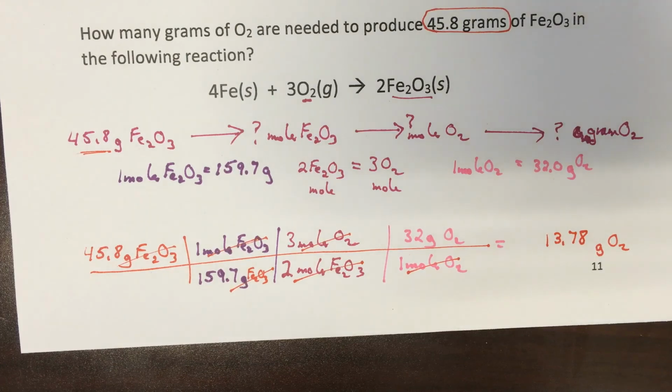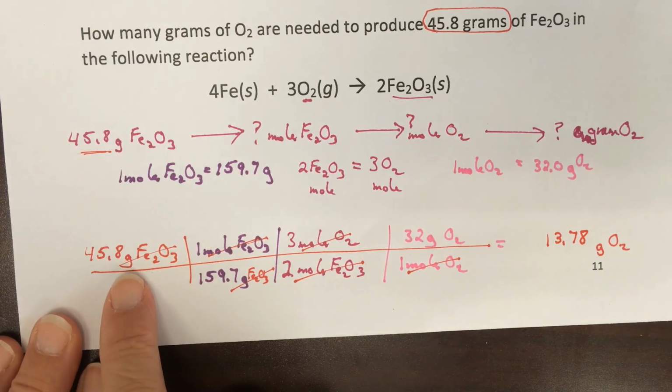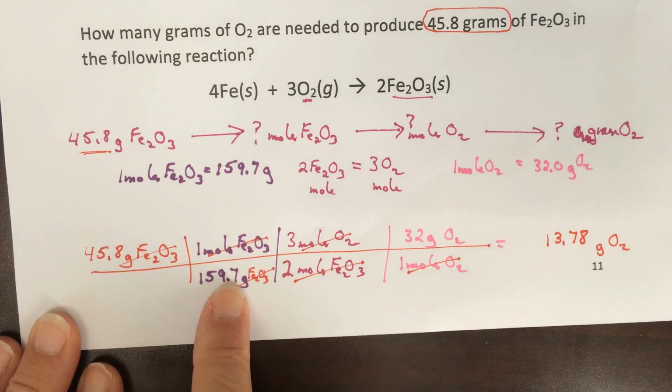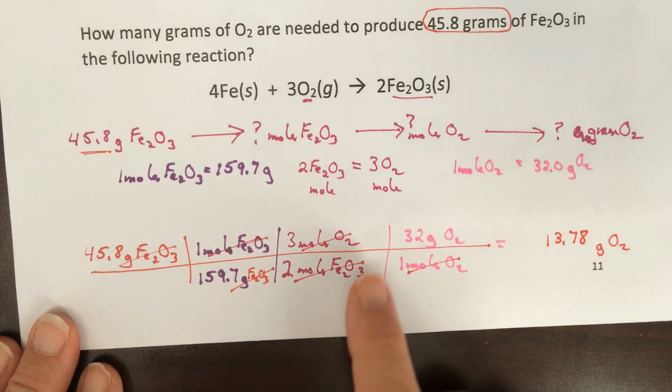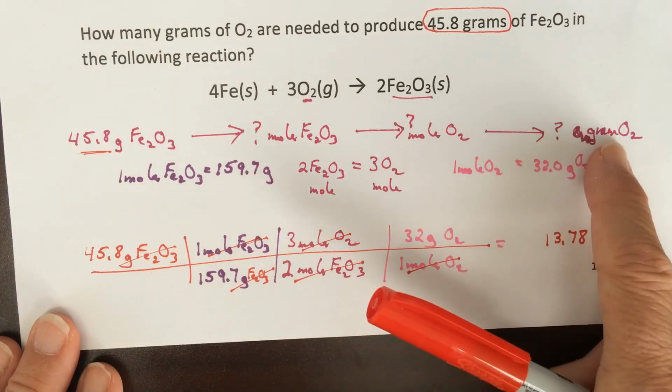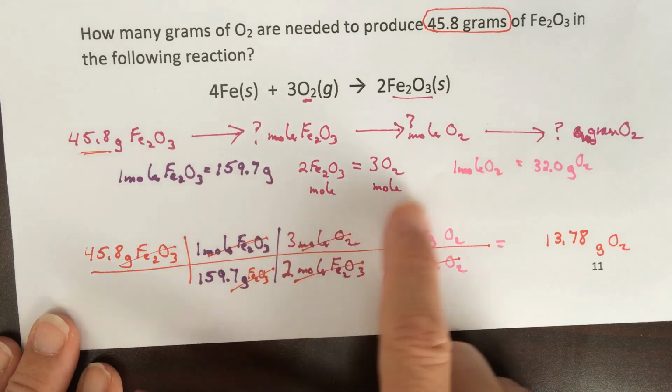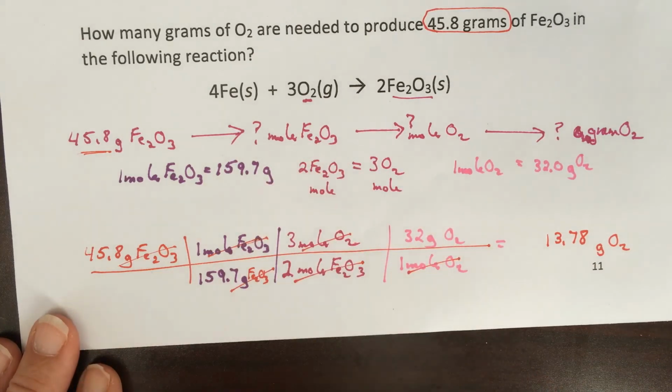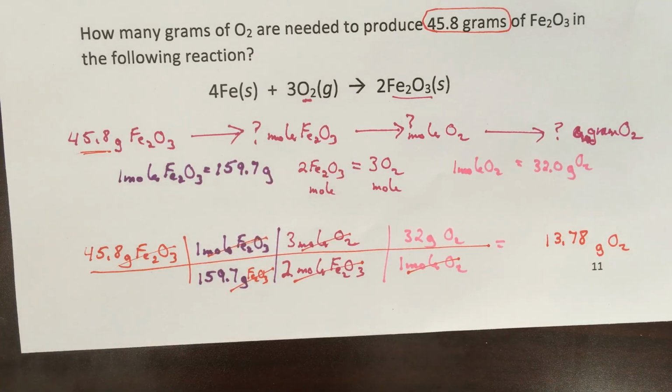So each one of these we've studied independently. You know how to go from grams to moles, and you also know how to go from moles to grams. You just need to put this extra little bit in the middle and you can do these calculations.